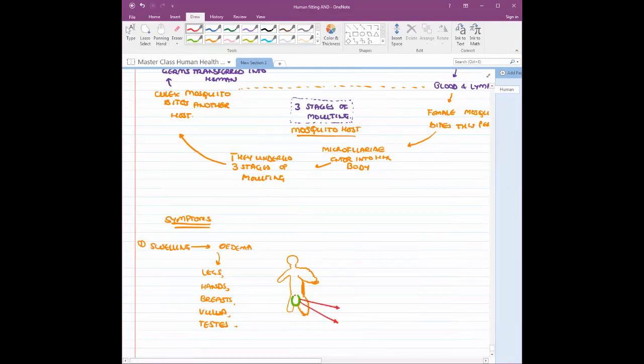So let me zoom in and show you what exactly is going to occur. Guys, the scrotal sac is going to be so huge, it is going to be filled with your entire tissue fluid, your lymph. And the testes, whatever was there, are going to degenerate, guys.